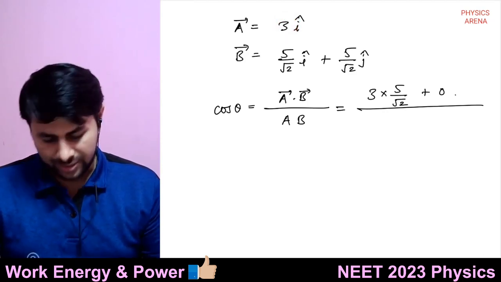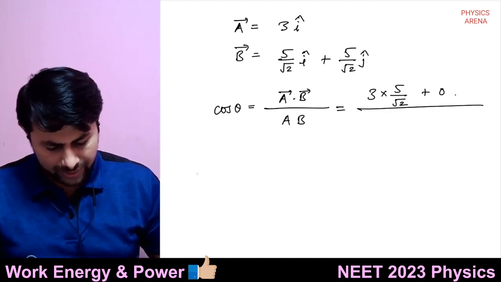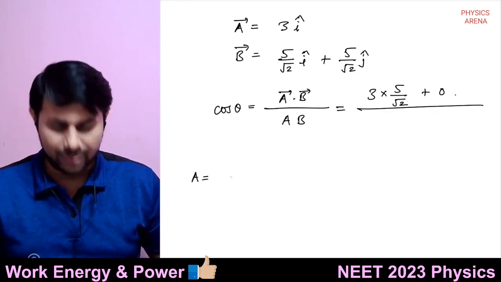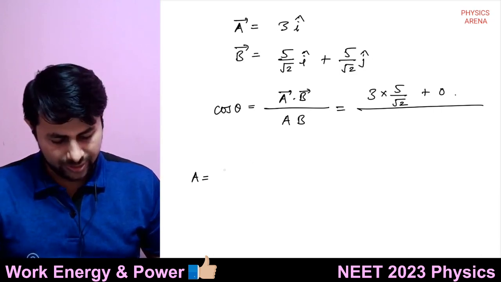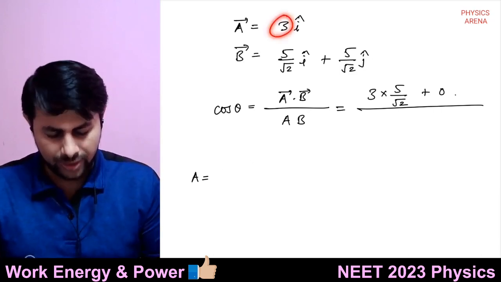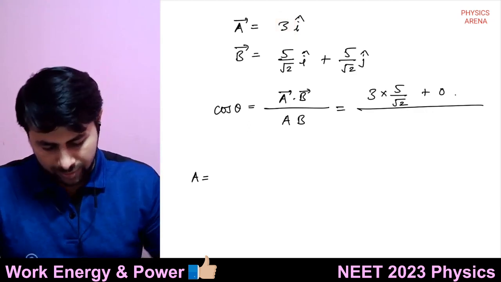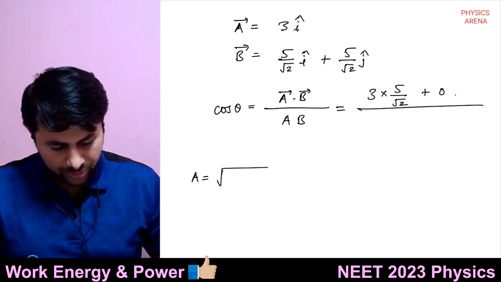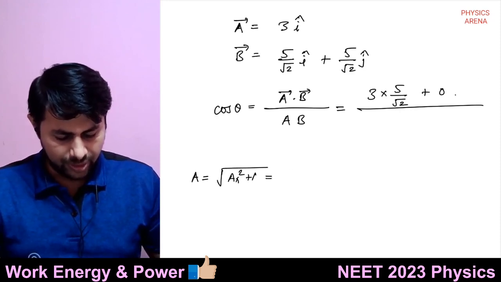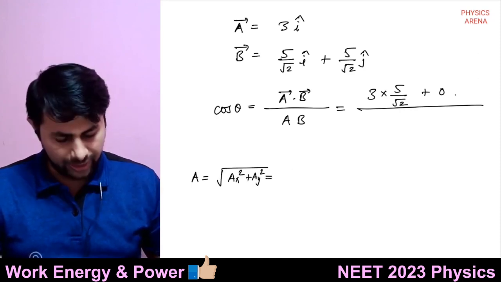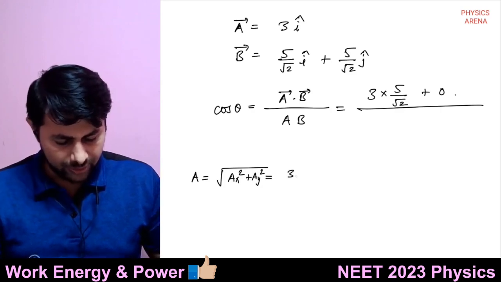It is 3, right? Magnitude of a is square root of ax square plus ay square, and if there is az also, az square. You have only 3 i cap, so ay is 0, and this is equal to 3.